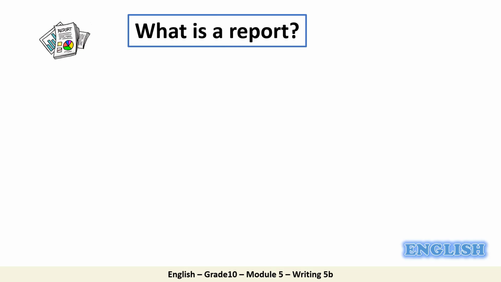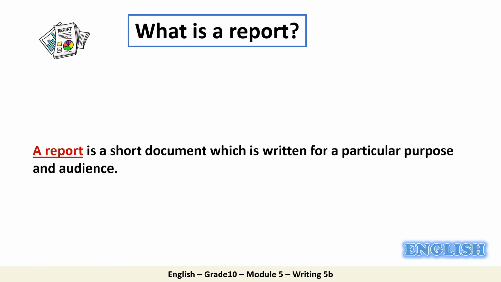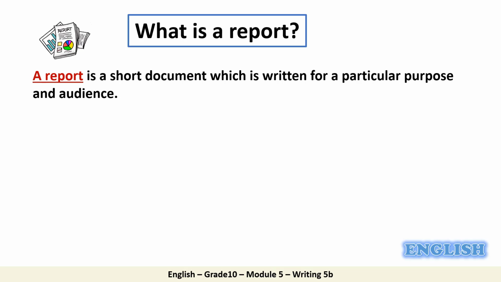Let's try to understand together what is a report. How about we pause the video for a minute and try to gather some thoughts about it before we discuss the term of report. A report is a short document which is written for a particular purpose and audience.